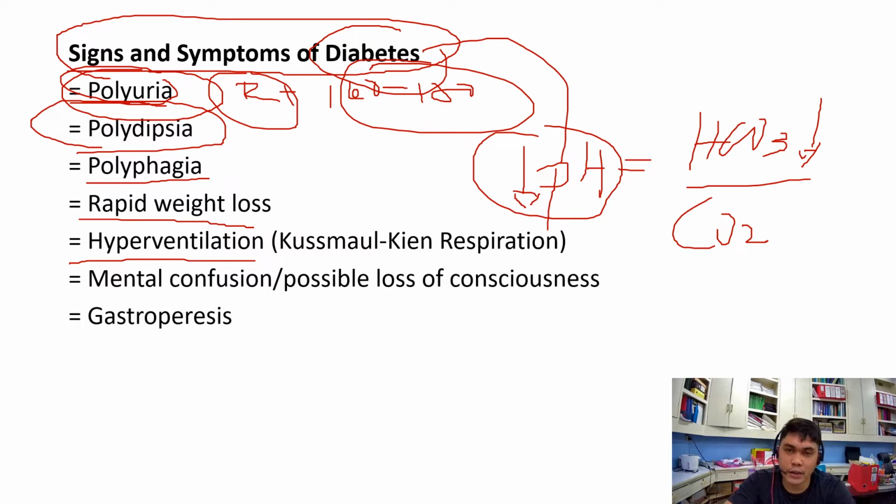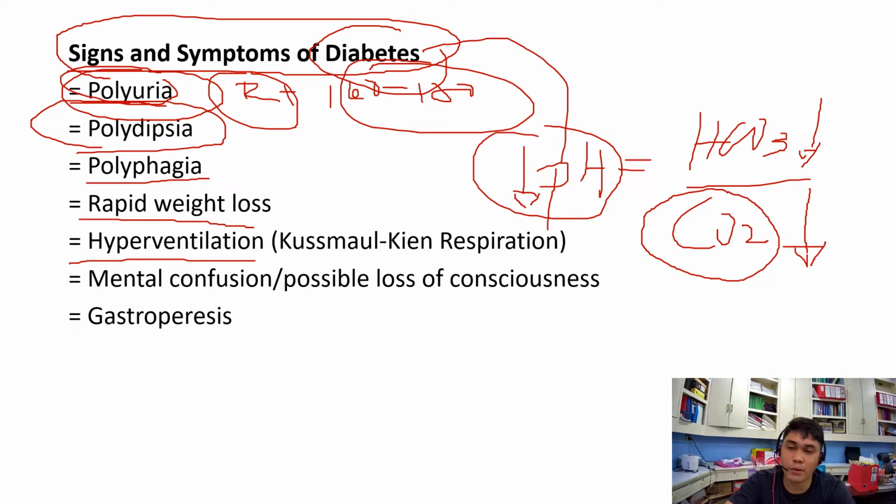Now, to return to its normal blood pH, the body has a compensatory mechanism. To compensate, we need to alter the CO2 level by lowering the CO2 level in your body. And how to lower the CO2 level in your body?